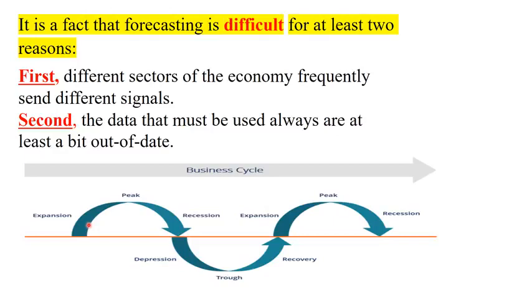Okay, in the expansion phase, due to the increase in investment opportunities, idle funds of organizations or individuals are utilized for various investment purposes. Of course, everybody has money, so why not invest it in a business?